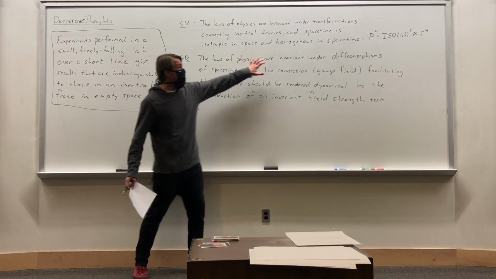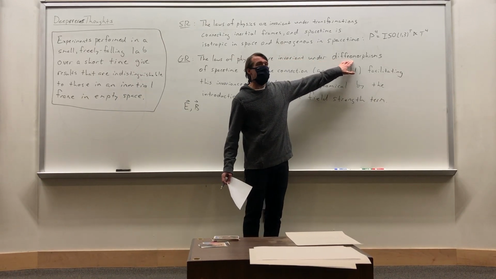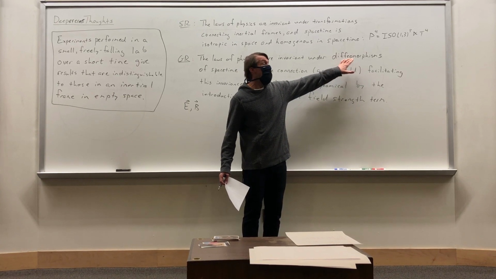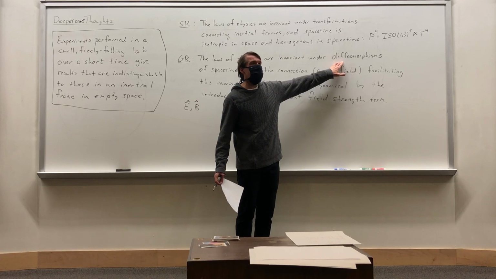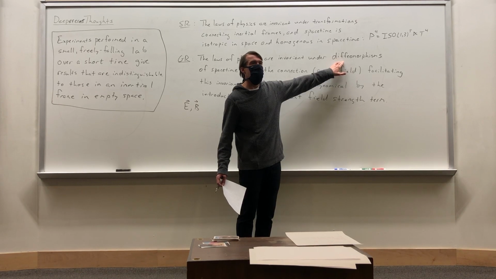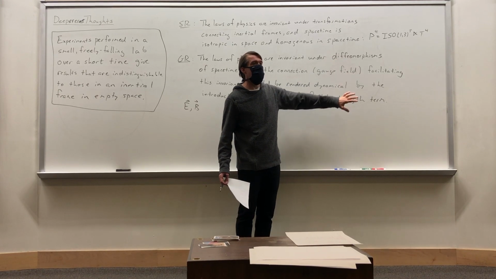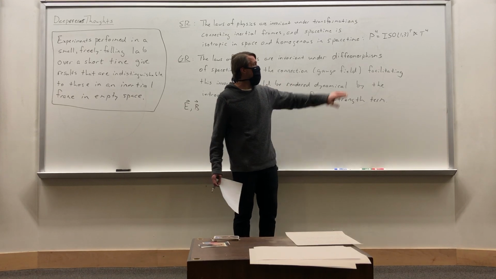Well, in the GR story, we're changing the transformations. It's a bigger set than this. We are still going to have to define things which are invariant. And what do you think we'll call them? Manifolds? No, these are physical objects. Manifolds are going to be relevant to the geometry.